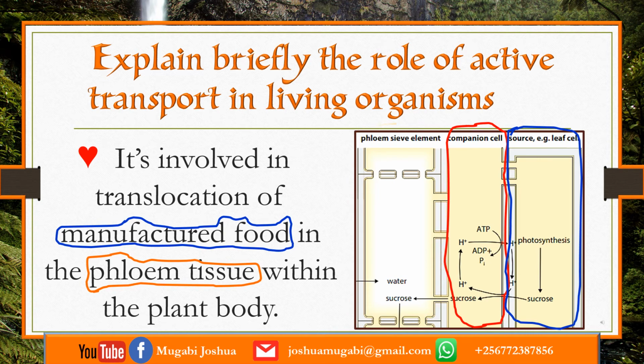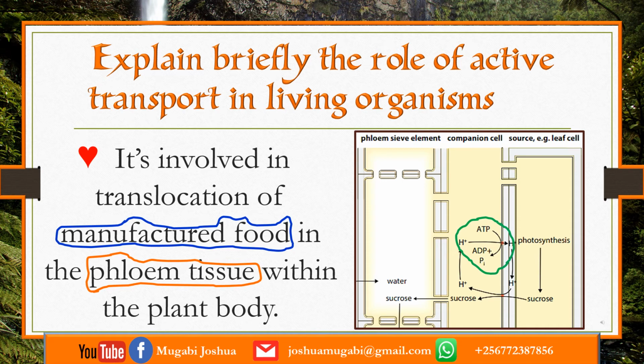Now, here, when you look at the companion cell, in the companion cell, we have a lot of hydrogen ions. Now, these hydrogen ions, by the use of ATP energy, we are going to push them from the cytoplasm of the companion cell and into the cell wall of the companion cell.